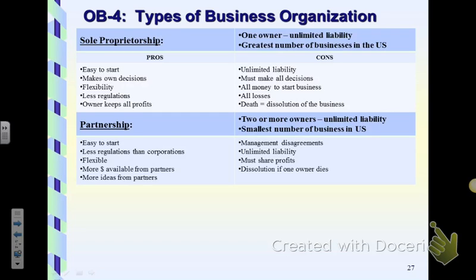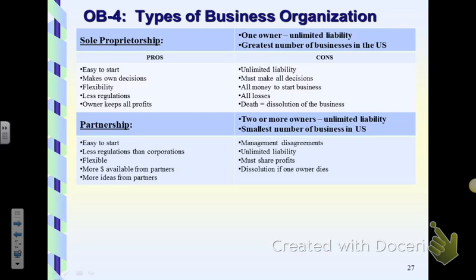There's sort of a combination of the structures that have been created to attract business owners to the benefits of the different types of structures. So a partnership, 2 or more, again, still unlimited liability to the partners.